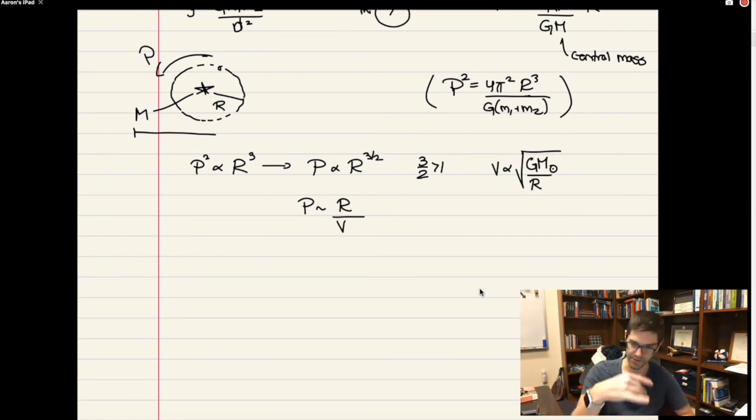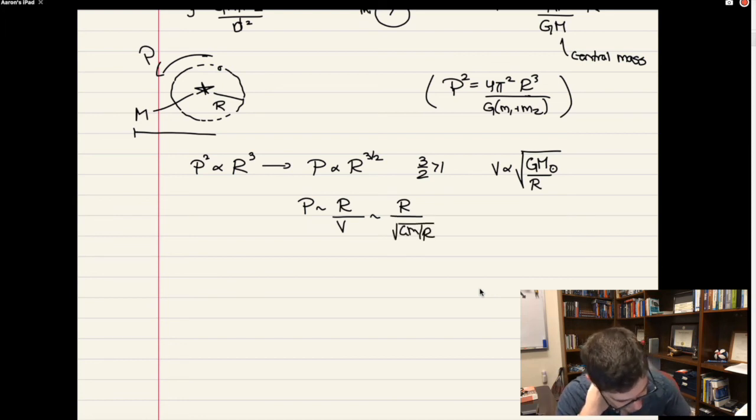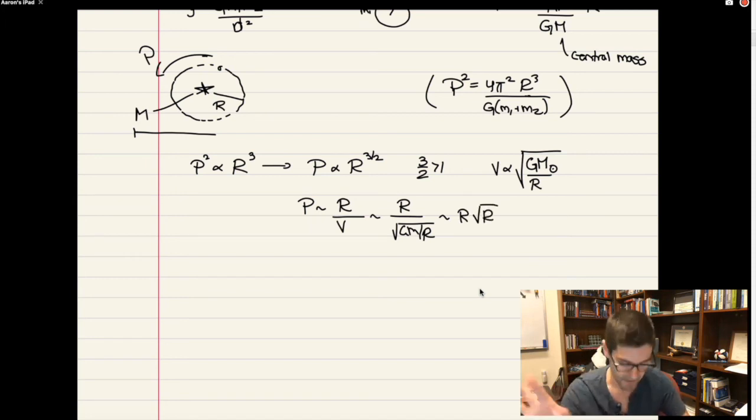And I'm dropping 2's and pi's, and I don't care about numbers. But the numerator scales as r, the denominator scales as the square root of GM over r. Again, I don't really care about numbers, so I'm just looking at the radius. So this is the same thing as r times the square root of r, with some numbers that I'm ignoring for right now, or that the period goes as r to the 3/2 power. Not only do you have more distance to cover, but you're moving slower as a result.